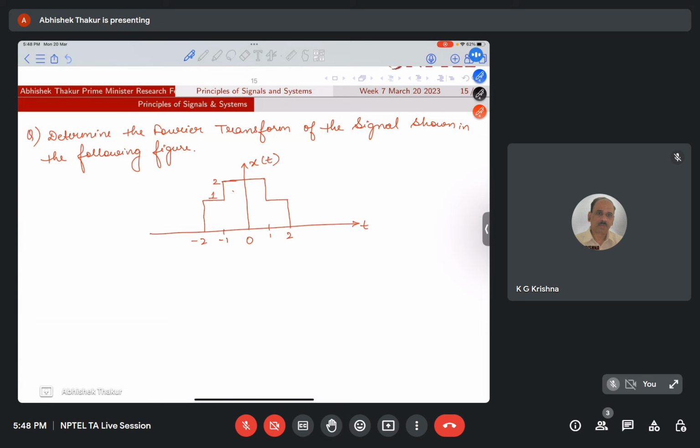So this is our signal, and we have to determine the Fourier transform of it. We'll use what we have found previously; for that we'll first simplify this.